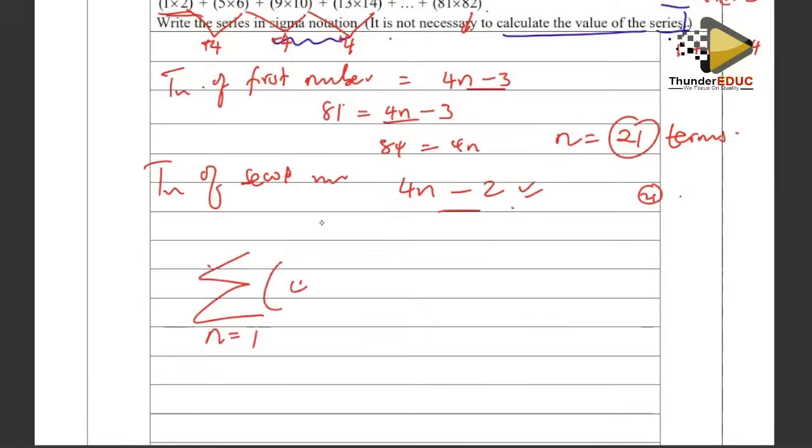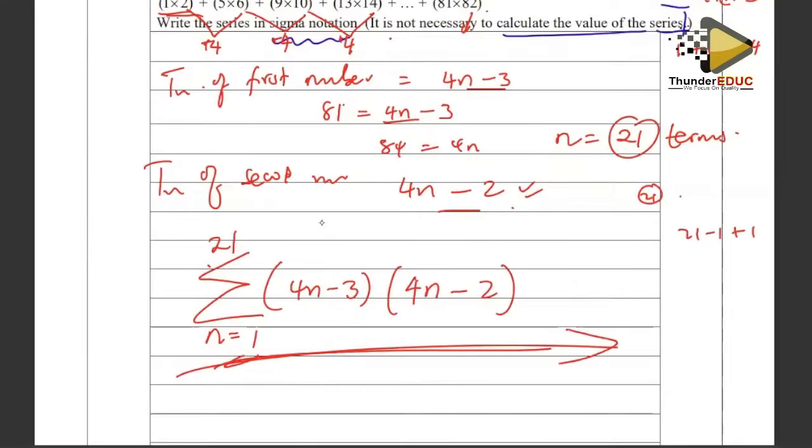So I'm going to have 4n minus 3 into 4n minus 2. Now, since we're talking of 21 terms and we're starting from 1, meaning that the end here should be a 21, because it will be 21 minus 1 plus 1, so that we have those 21 terms. So I think this is what the question was asking for.